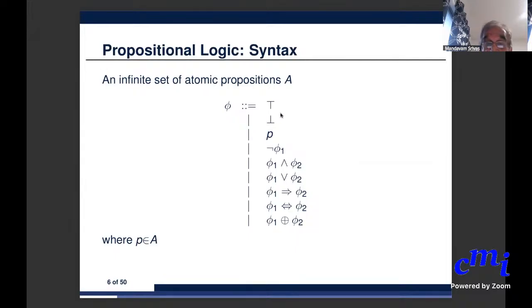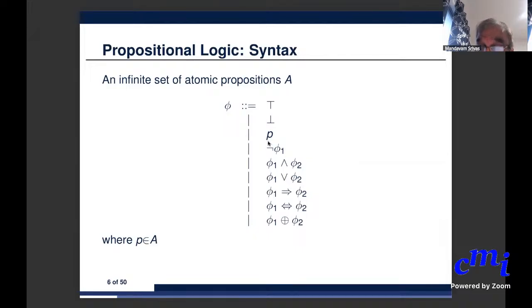And then you can have, depending upon your choice, constants to denote the truth values true and false. Here I denote them as top and bottom. And then you have various logical connectives.